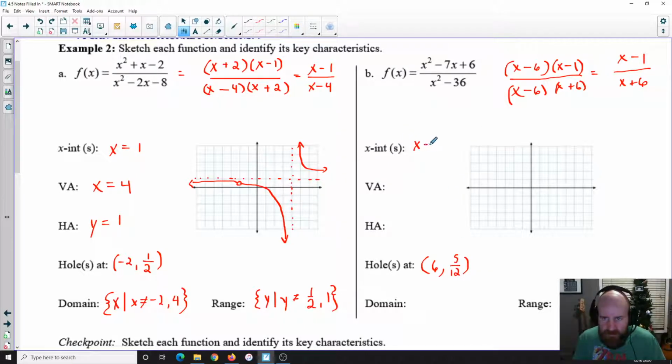X-intercept at 1. Vertical asymptote at -6. Horizontal asymptote at y equals 1.